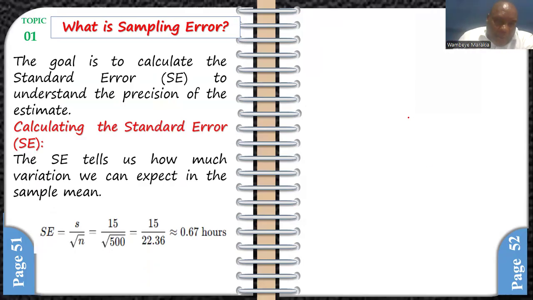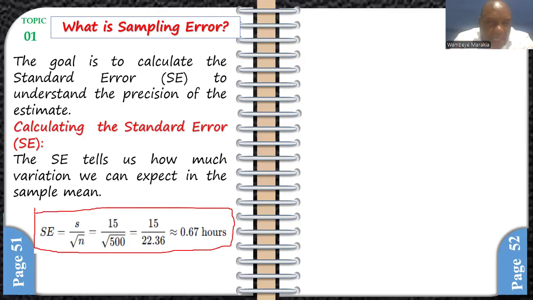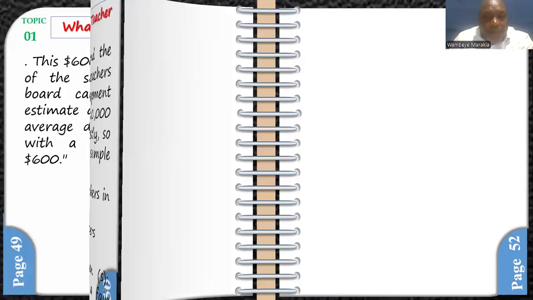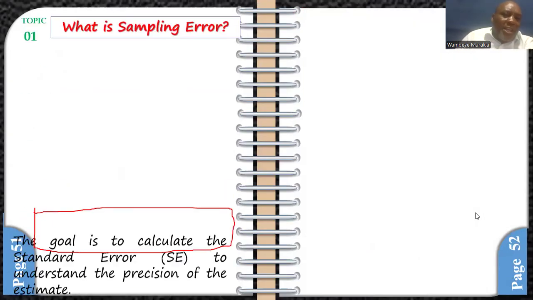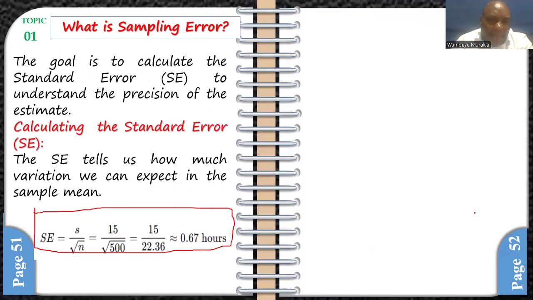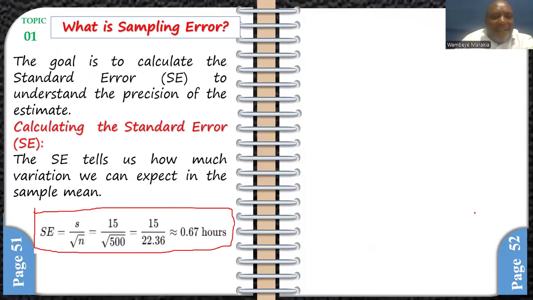Here we have the entire formula, and then we put in, as I said before, the sample standard deviation of 15 and the sample size of 500 teachers. So when you put all these in our formula, 15 over the root of 500, we get 15 over 22.35. Then we get 0.67 hours.